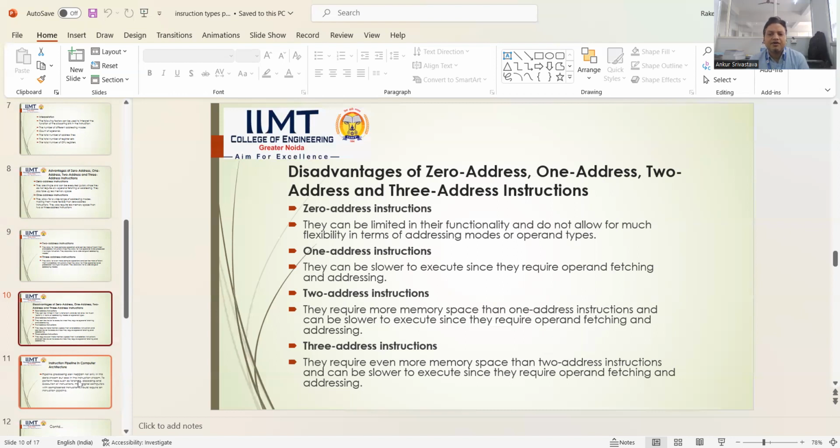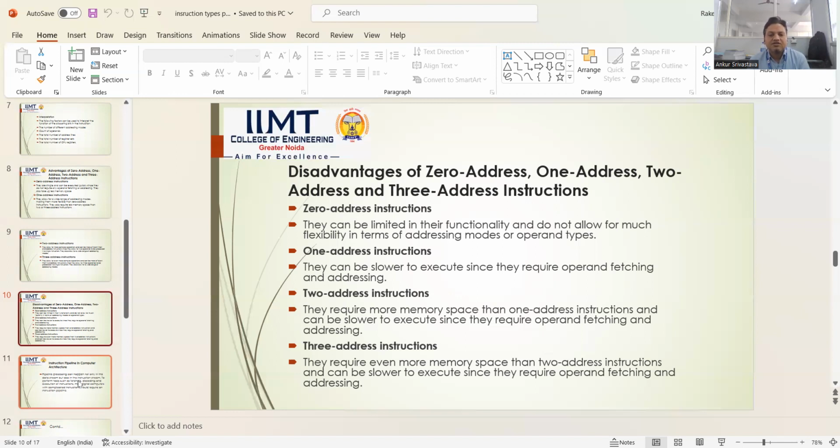Because they require 2 operand fetches over there and addressing also. So for those 2 operands, 2 types of addressing modes may be used, or 1 addressing mode, or maybe some other addressing mode. That is why, in comparison to 1, 2, and 3 address instructions, 0 address instruction is more flexible, or we can say in terms of addressing modes, but it is limited also.